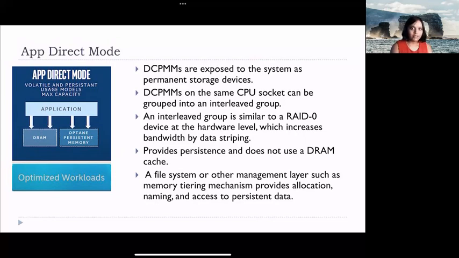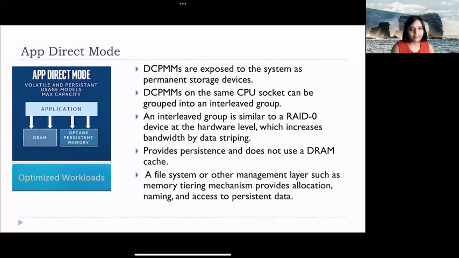An interleaved group is very similar to, you can visualize that as, a RAID 0, where you stripe the data across the different entities that we have, which increases the bandwidth by that data striping mechanism.